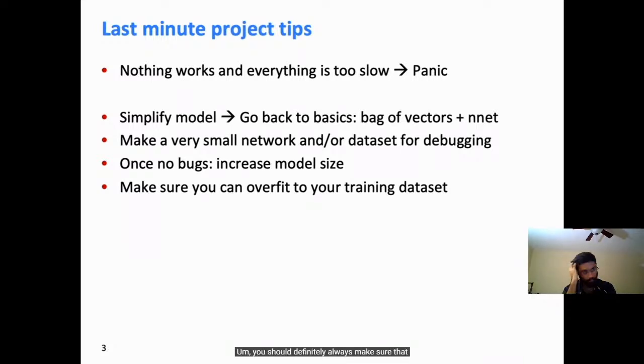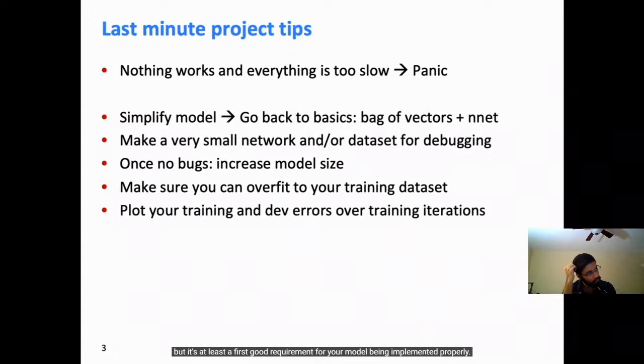You should definitely always make sure that you can completely overfit on your training data set. That's not quite a proof, but it's at least a first good requirement for your model being implemented properly. Part of the trick of being a successful deep learning researcher is actually managing to get things done and not wasting a ton of time.